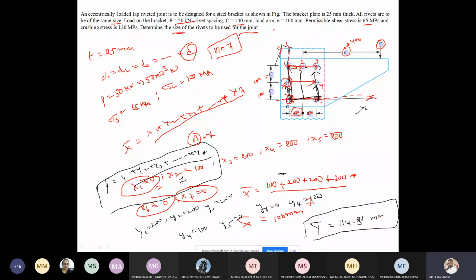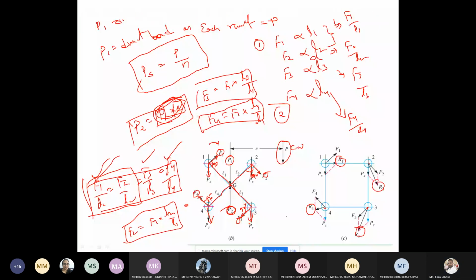The first step is over. Now what is the second step? In the design procedure we are introducing the two forces P1 and P2. P1 is responsible for the direct shear stress and P2 is responsible for the secondary shear stress.